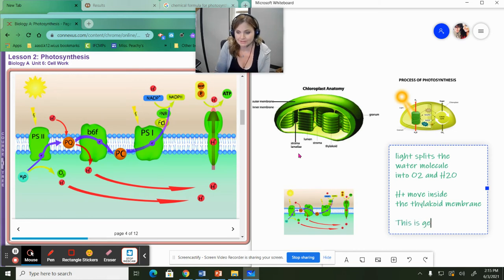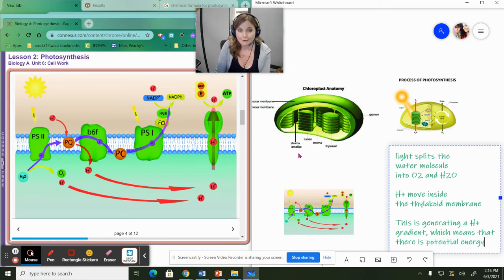So this is generating an H plus, a hydrogen ion gradient, which means that there is potential energy. Remember that diffusion, which is what's going to happen here, it's kind of facilitated diffusion, but it's still diffusion, means that ions are going to move from an area of high concentration to low concentration, right?